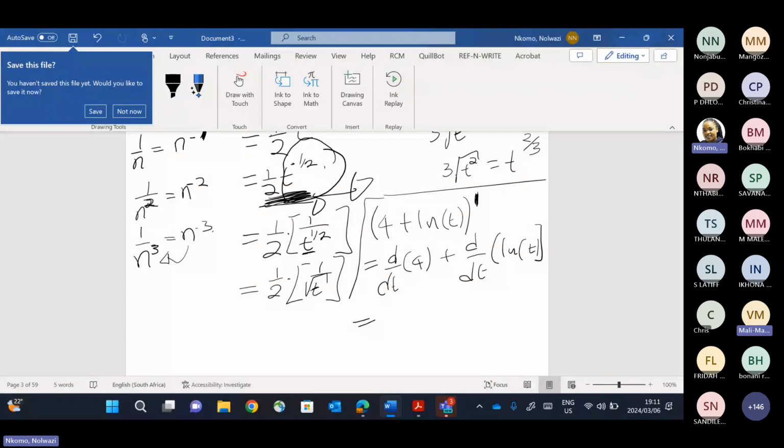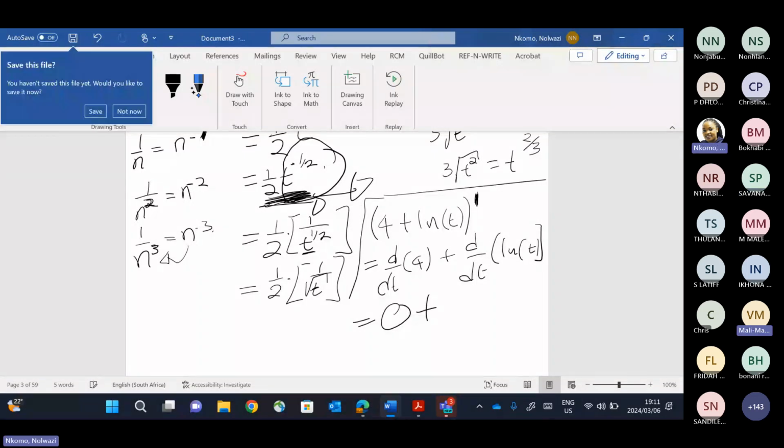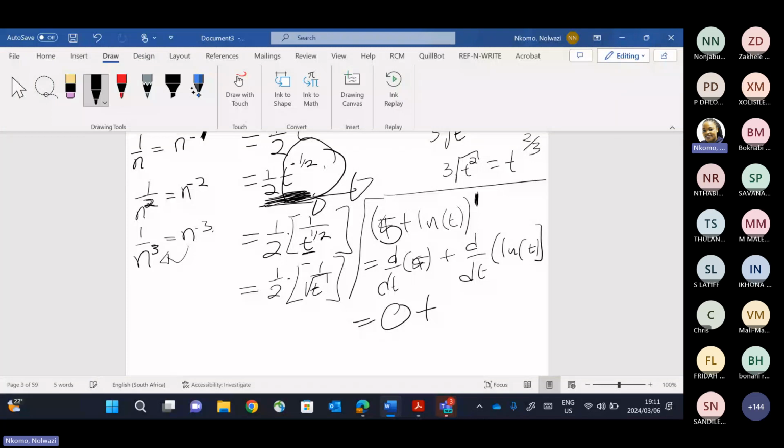Ma'am? Yes. Sorry, ma'am. Did you not have 5 ln t in the original equation? Yes, for g it is 4 plus 5 ln t. Okay, can we go back a bit? I can write 5 here, it's fine. We're still going to get 0, but thank you. Then the derivative of 5 is 0.